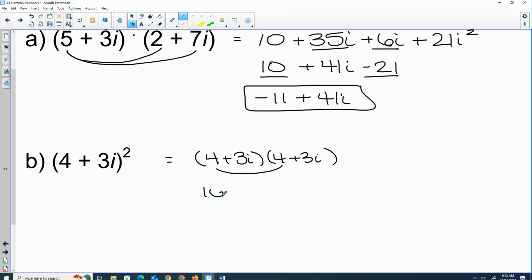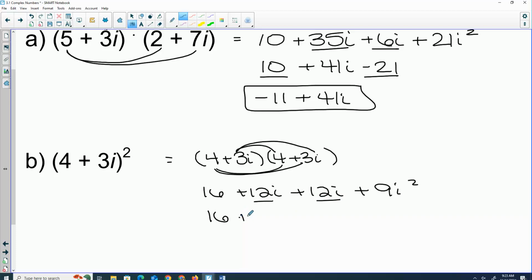So we get 16 plus 12i plus 12i plus 9i squared. Okay, like terms, 12i plus 12i is 24i. 9i squared is -9, so 16 minus 9 gives me 7 plus 24i.